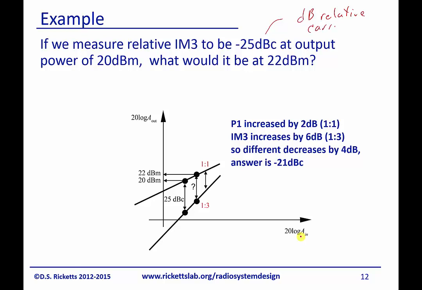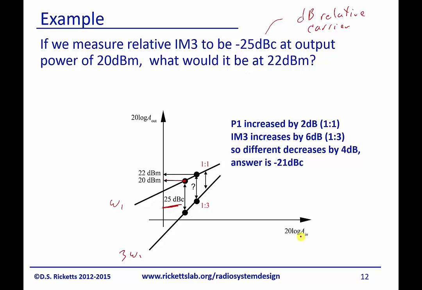This is omega naught, our omega 1, and this is 3 omega 1. So by definition, the difference is dBc. And an output power of 20 dBm. So that means our power output is 20 dBm, and we measure a difference of 25 dBc.